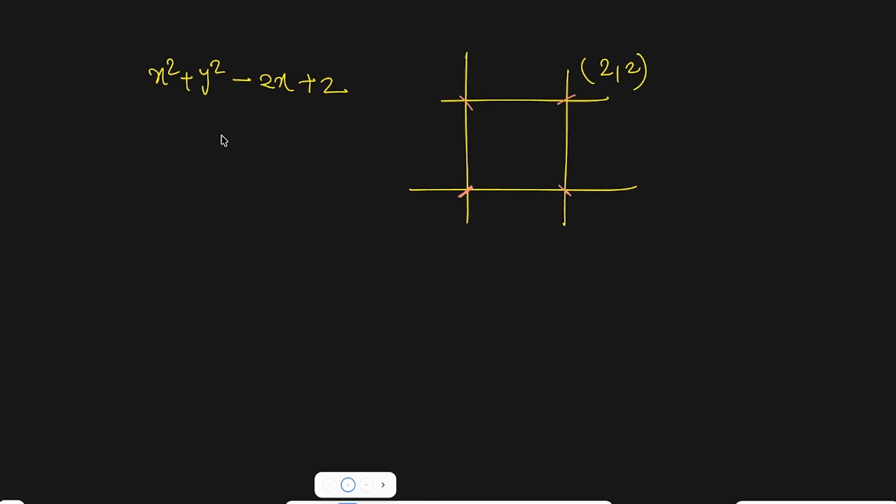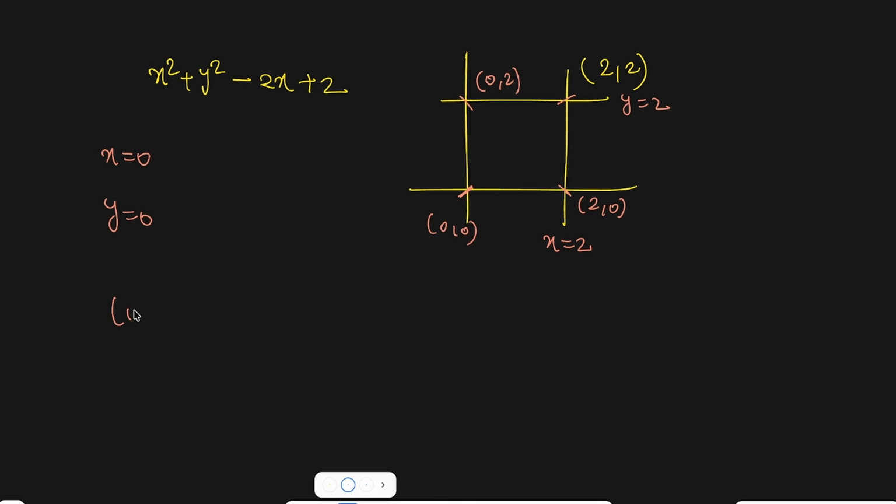What are the critical points for this? First of all, x equals 0, it means y-axis. y equals 0, it means x-axis. Then let's say this is your x equals 2, this is your y equals 2. What are the critical points here? 2 comma 0, 0 comma 2, 2 comma 2 and 0 comma 0.